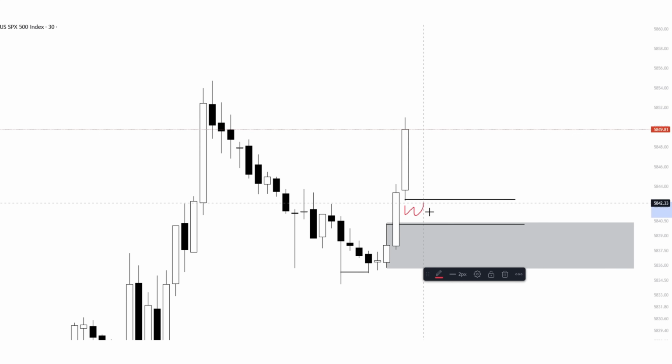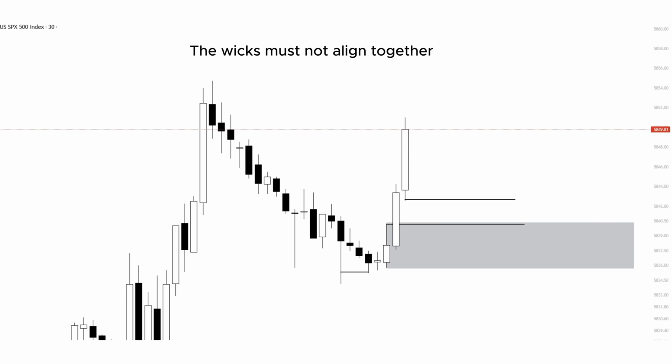That is called an imbalance of price. Now this is very important, but be careful. The first candle's wick must not align with the third candle's wick, else if that happens, that is not a valid imbalance. A valid imbalance is what's seen on the chart, which basically, as we said, leaves a gap between price.